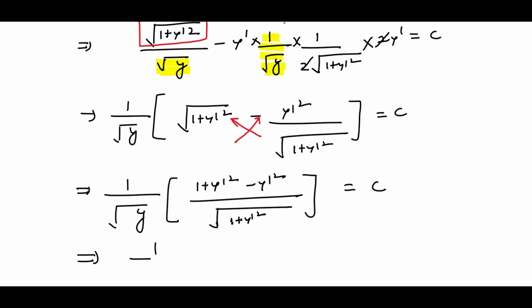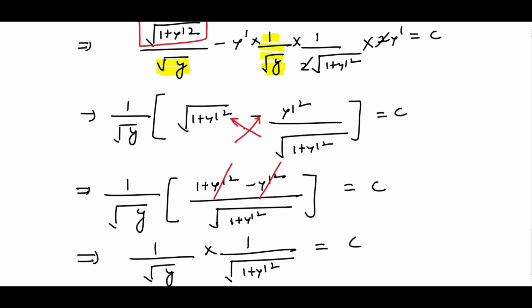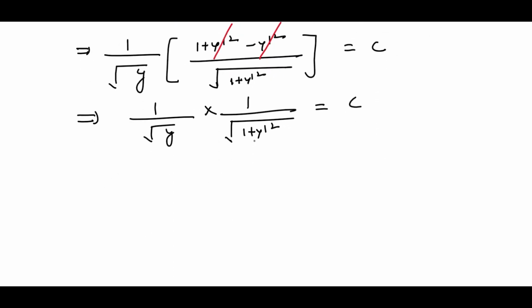It implies 1 over root y. As we can say, this term gets cancelled out, so further it can be written as 1 upon the square root of 1 plus y' whole square is equal to c. So now take the square on both sides.